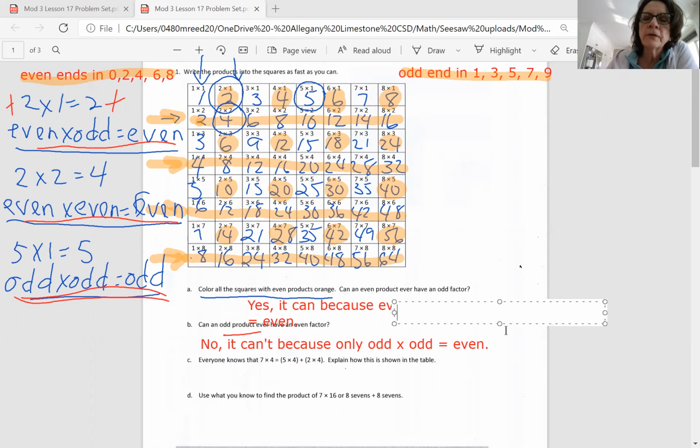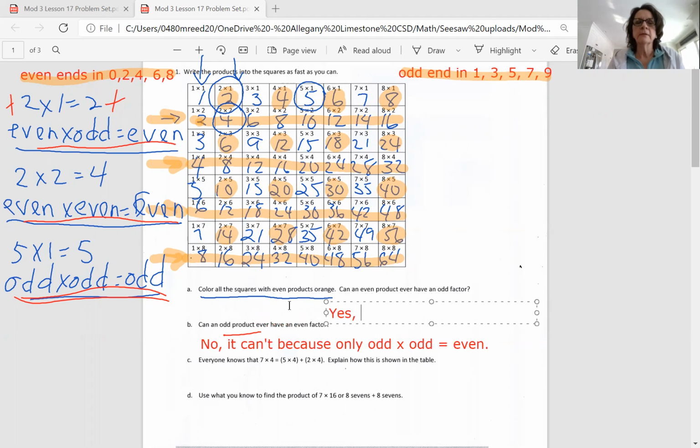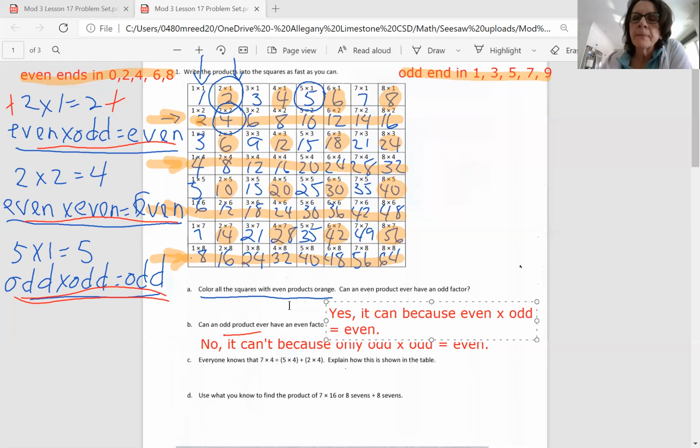Okay, and we show those examples. Sorry guys, I'm going to type it one more time. Even times odd equals even. All right.